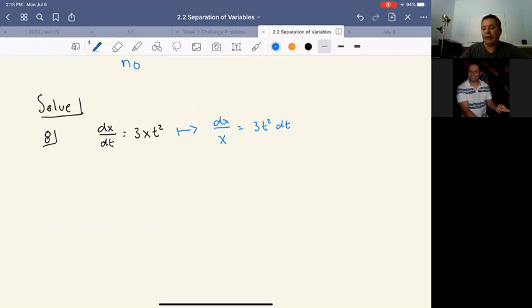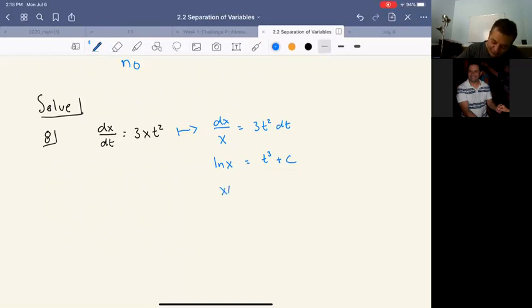Now I can go ahead and integrate both sides. Natural log of x equals t cubed. And remember, I put my constant on the side of the independent variable. And now, just like what we did before, we're going to take the exponential of both sides.